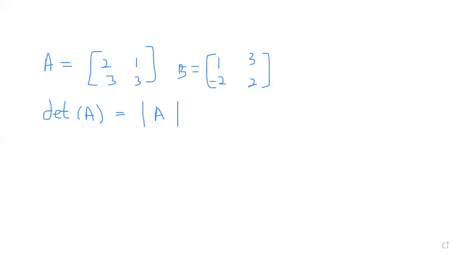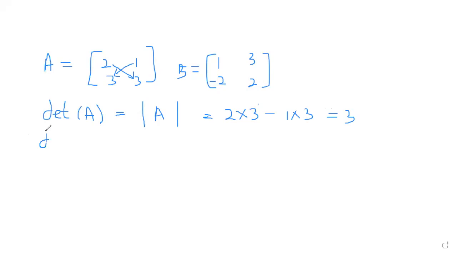So the determinant is 2 times 3, minus this other diagonal multiplied, that will be 1 times 3. So that will give us 6 minus 3, which will be equal to 3. So that is the determinant of the matrix A.